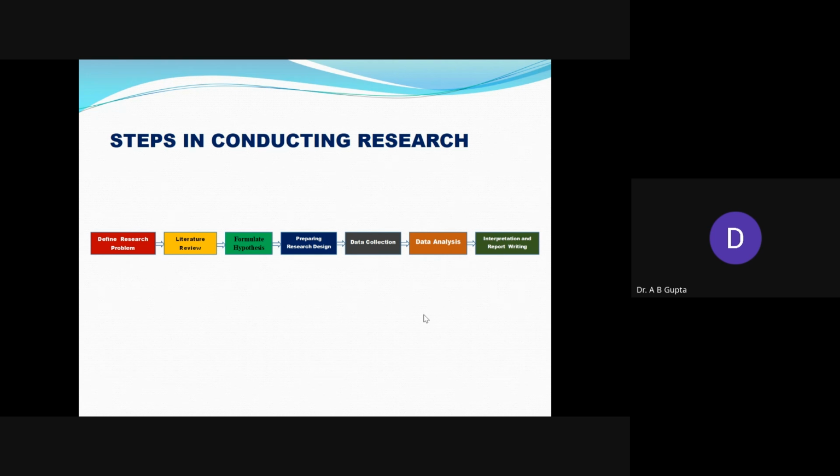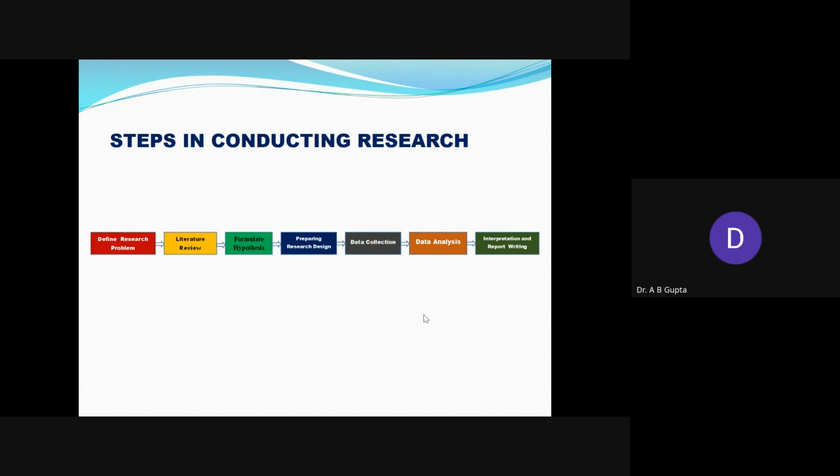Okay, then you go to the next step, literature review. This is the second step, we'll discuss it. The third step is formulate the hypothesis. Then go to the next step, prepare research design. I will tell you what is research design.